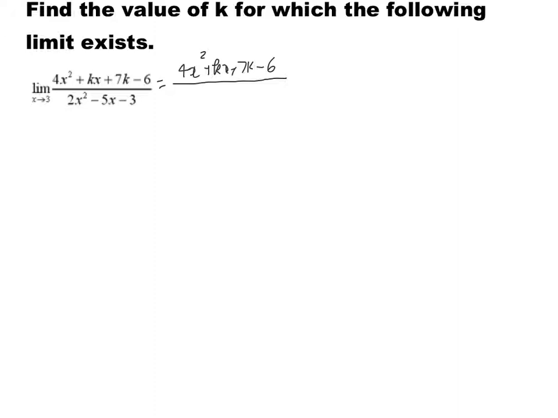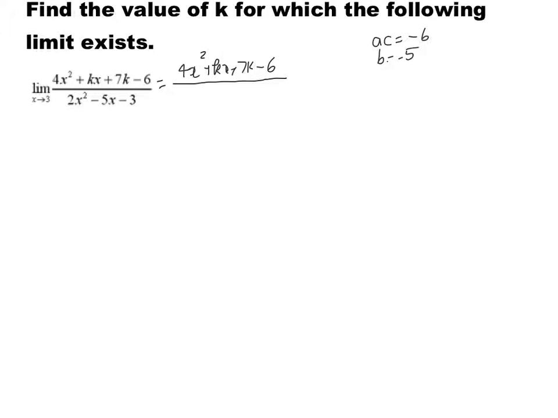So ac is 2 times negative 3, which is negative 6, and b is negative 5. Now we are going to find two numbers with a sum of negative 5 and a product of negative 6.